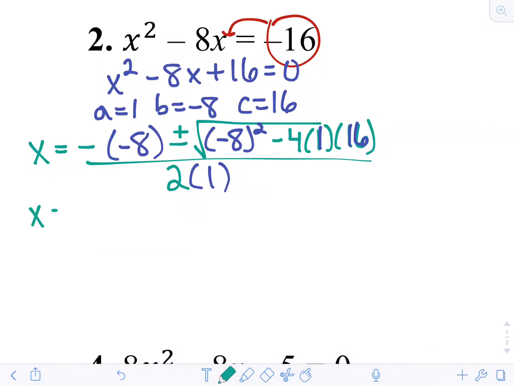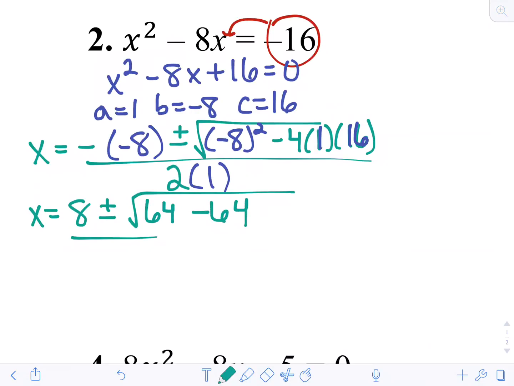So x is equal to a negative and negative become a positive 8, plus or minus the square root. -8 squared is 64. 4 times 1 times my 16 will give me 64. All over 2 times 1 is 2. So when we work through this, we have 8 plus or minus the square root of 64 minus 64, which is 0, over 2.